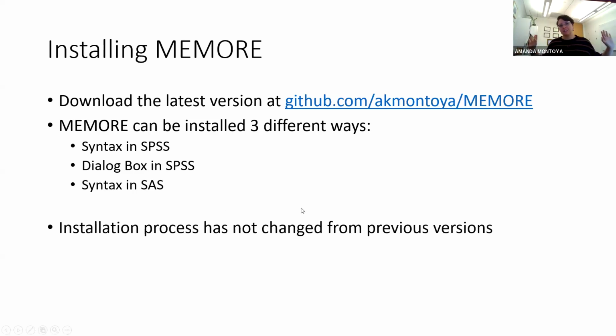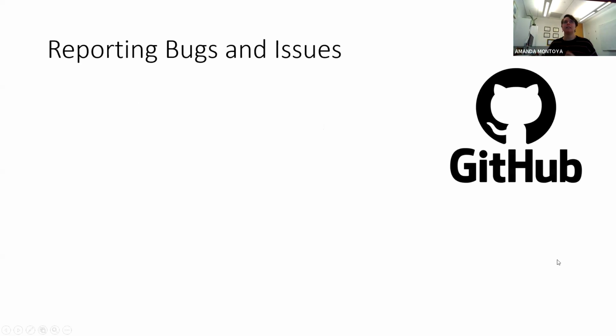So ultimately, installation has not changed from any of the previous versions. The code is longer now, obviously, but pretty much the same. Something that is new, though, is how I'm asking everyone to report bugs and issues. GitHub has a lot of really nice built-in functionality for submitting issues, bugs, and feature requests, so I'm going to be trying to use that a lot more.